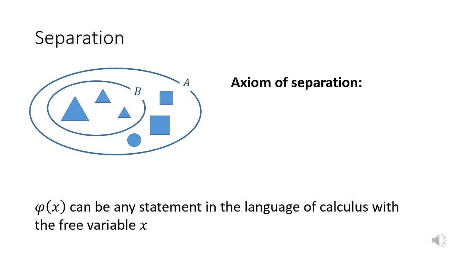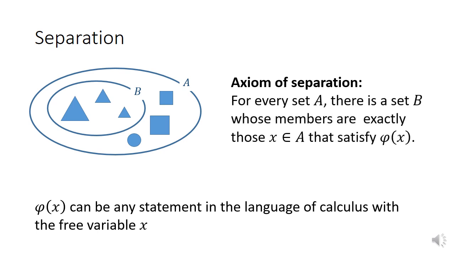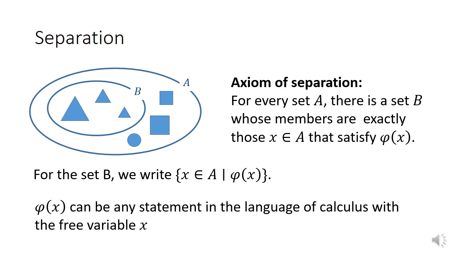Depending on what you put in for x, φ(x) may or may not be satisfied. The axiom of separation says, for every set A, there is a set B whose members are exactly those x in A that satisfy φ(x). For the set B, we write this. By extensionality, it is well defined.